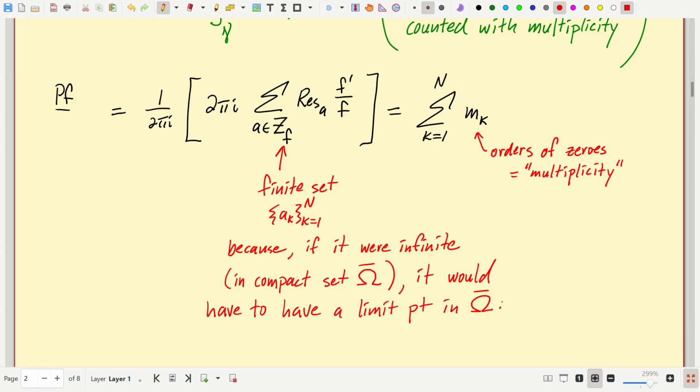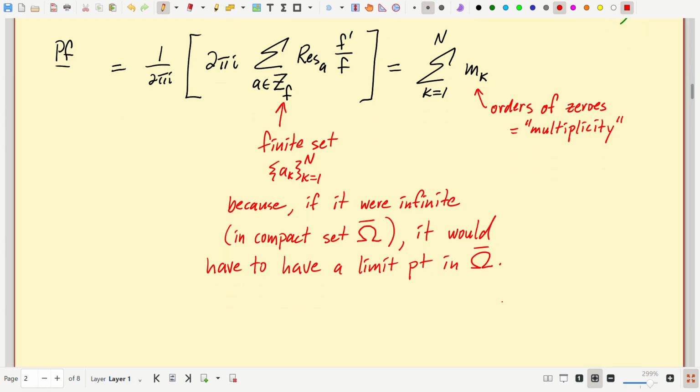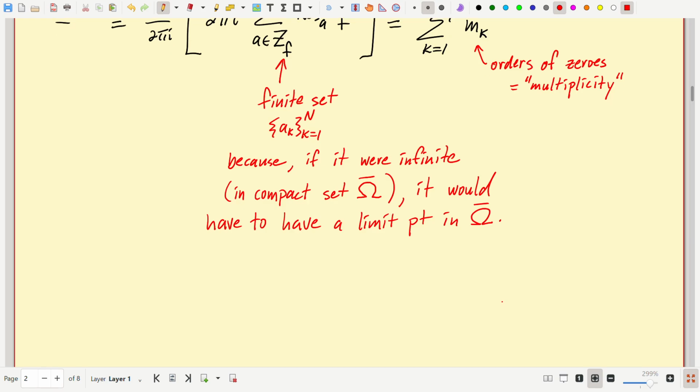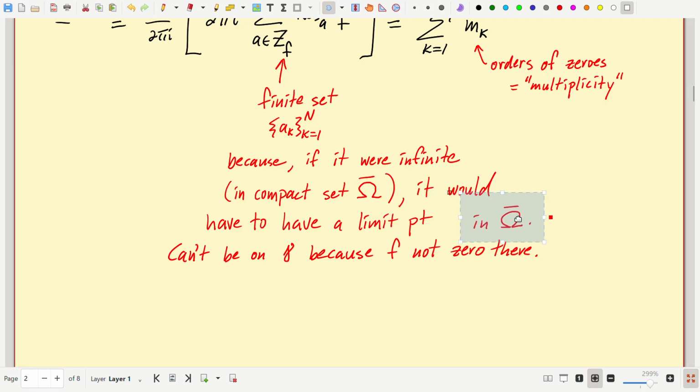And because the function doesn't vanish on the boundary, that limit point couldn't be in the boundary, because by continuity that would mean that the function would vanish on the boundary. It can't be on gamma because f is not 0 there. So a limit point, maybe I should call it something. How about w naught?